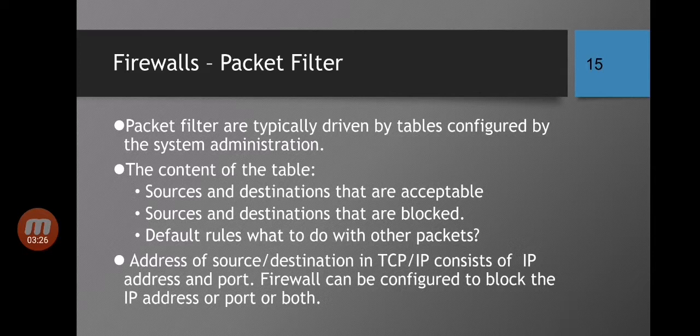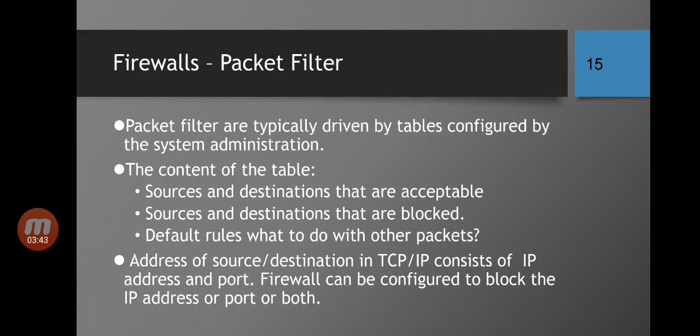Firewalls or packet filters are typically driven by tables configured by the system administrator. So the administrator is actually responsible to determine which data can be allowed into the organization and which are not.